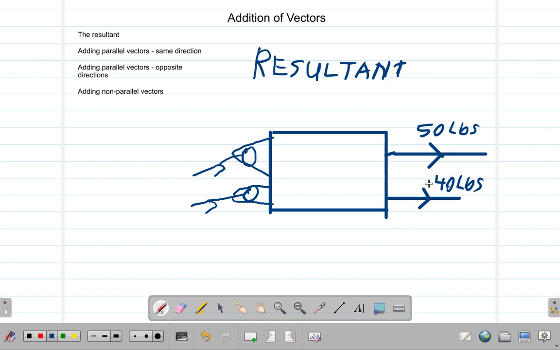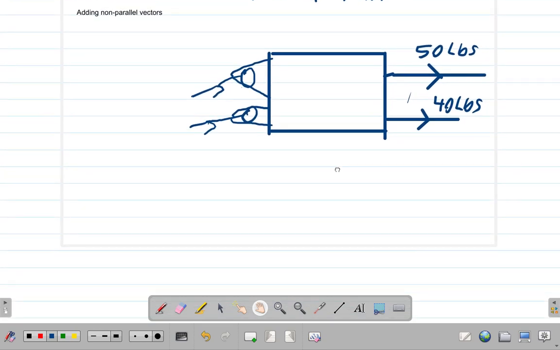Now you're going to add these two vectors. This vector represents your force of 50 pounds. This other vector represents your friend's force of 40 pounds. The question is, what is the total force on the table? Let us see.